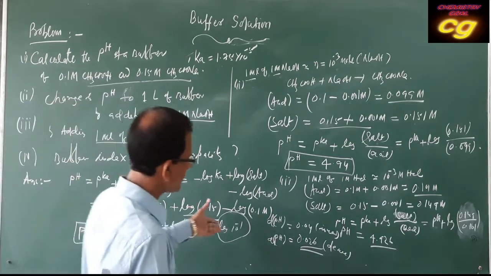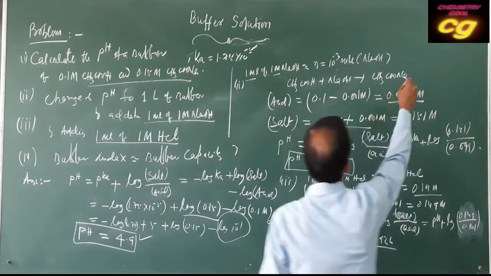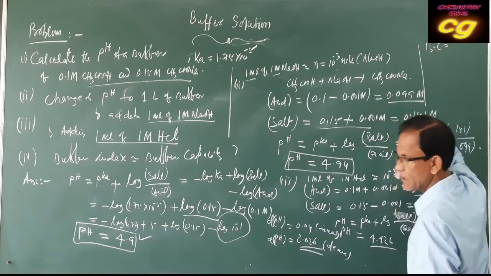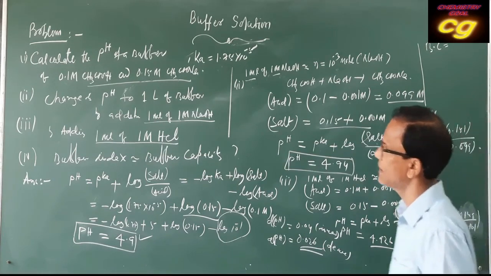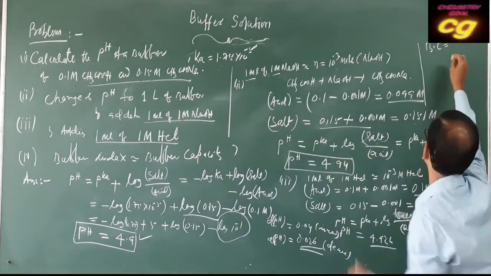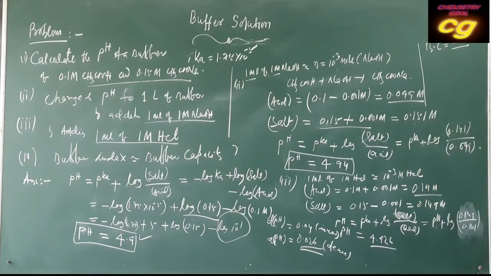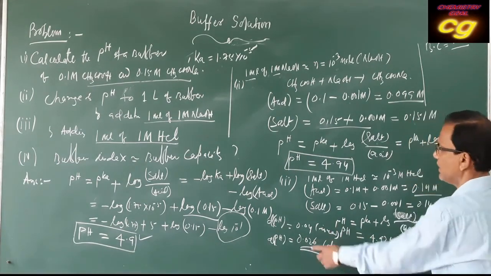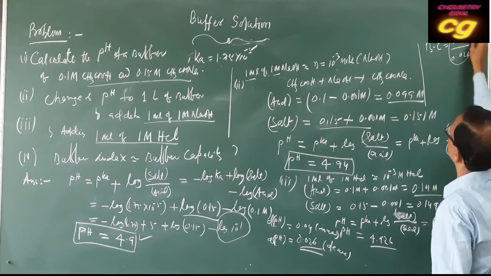Our calculation result is this much, but the buffer capacity formula is: number of moles of acid or base added, divided by the change of pH that takes place. As per the question, the number of moles of acid or base added is 0.001, upon the pH change 0.026. This is your buffer capacity.